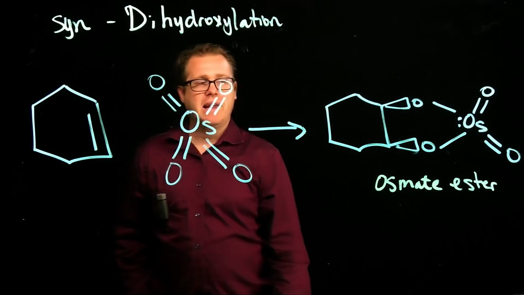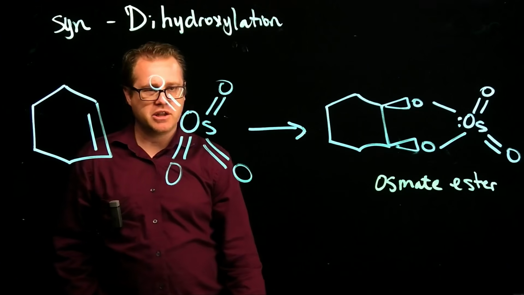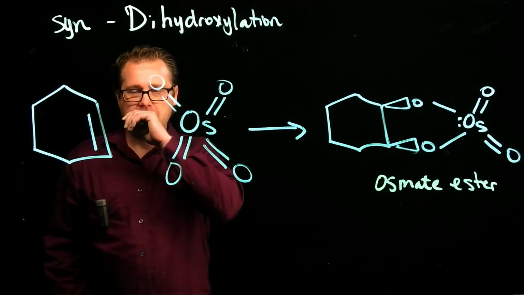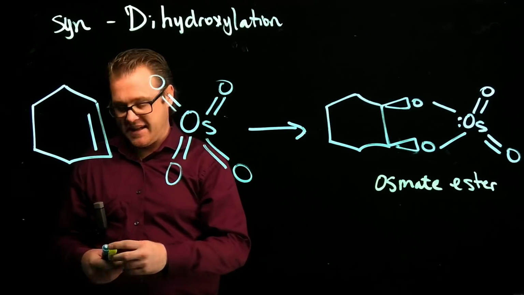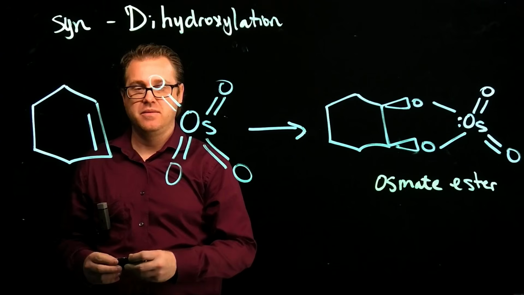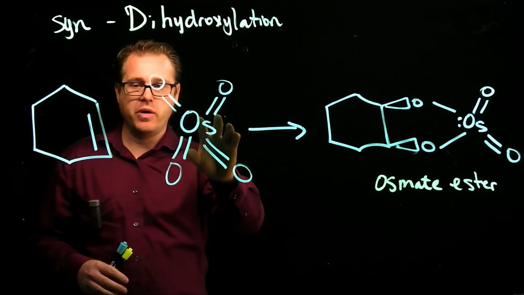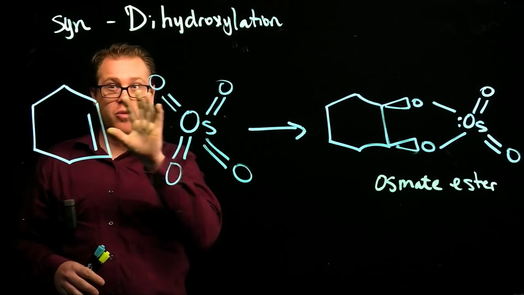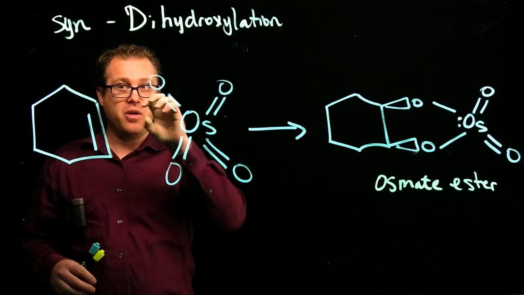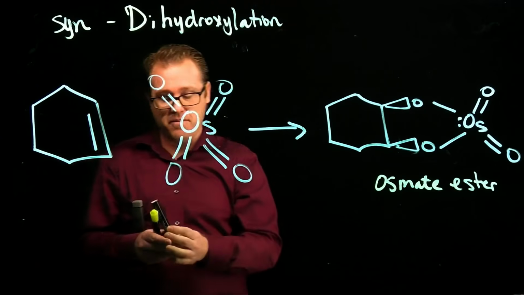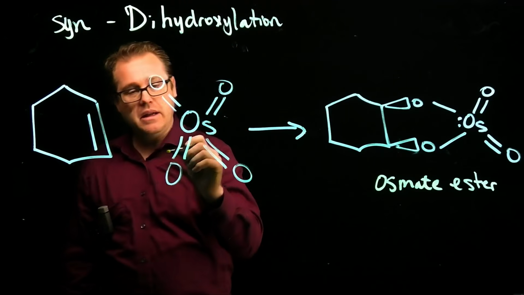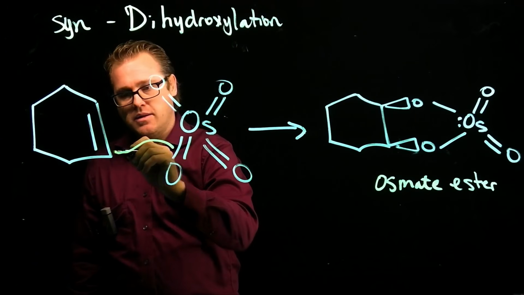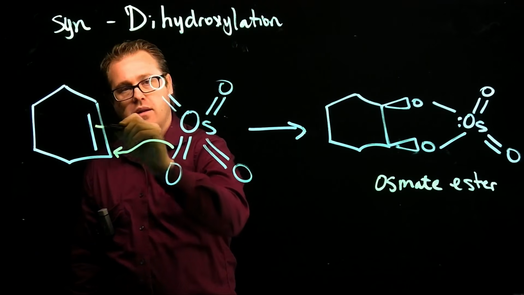The reason why we get syn dihydroxylation to occur is because of the way osmium tetraoxide reacts. It reacts in a concerted fashion. And so osmium is going to approach the alkene from one face and do all its reactions in a concerted manner. So what we can see here is something like this.